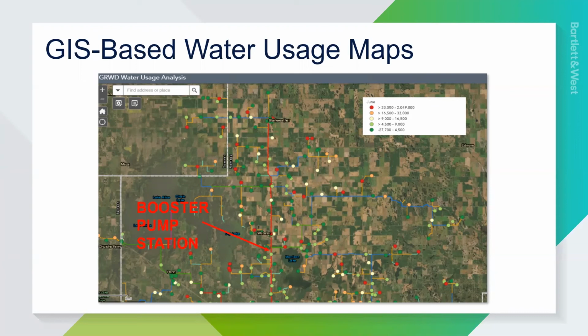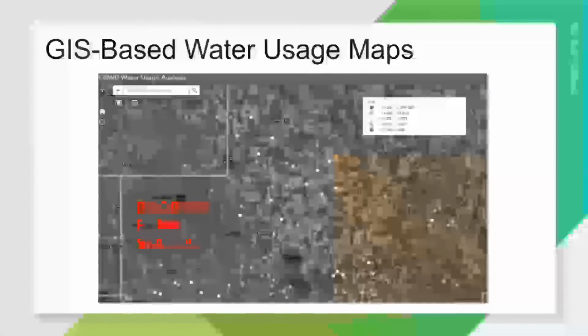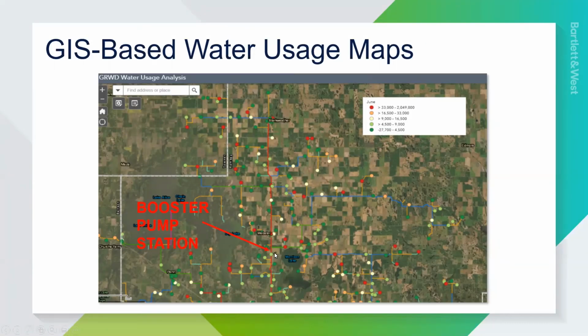The heat map is categorized based on colors, the red being more than 2 service units of water in a month, orange being 1 to 2 service units, and then the yellow and greens are less than 1 service unit. And using this, really what we started seeing is this service area had about 22 users that were using most of the water.